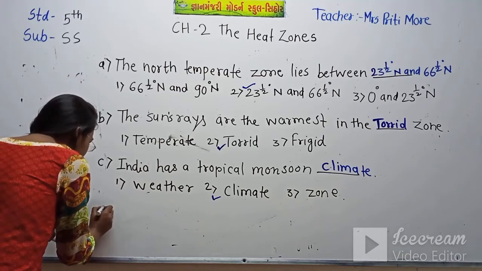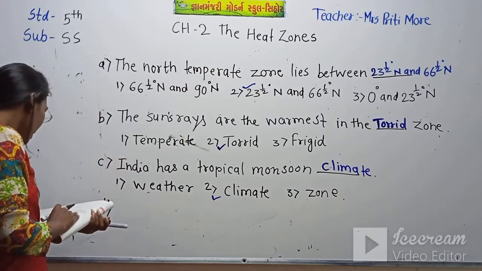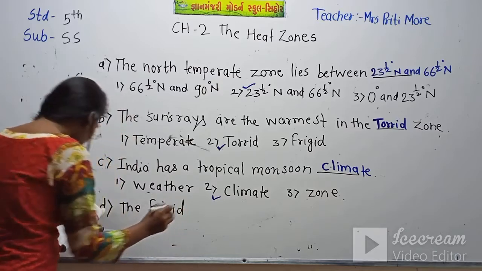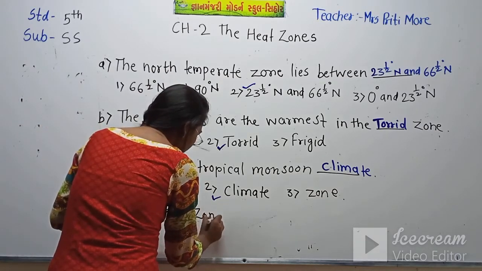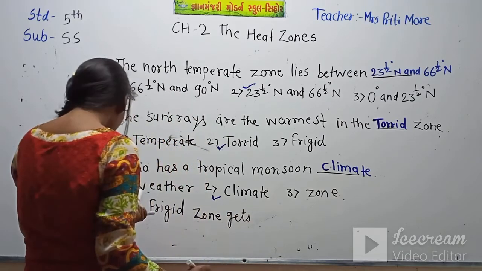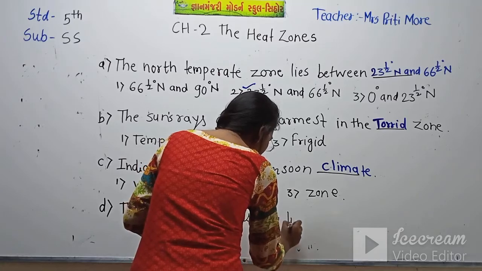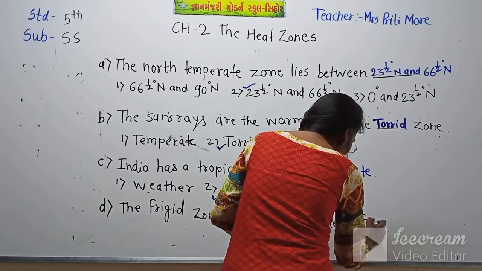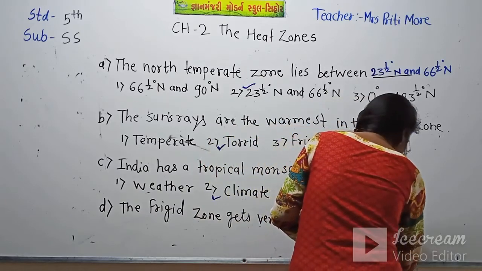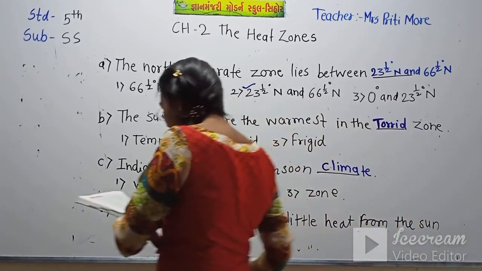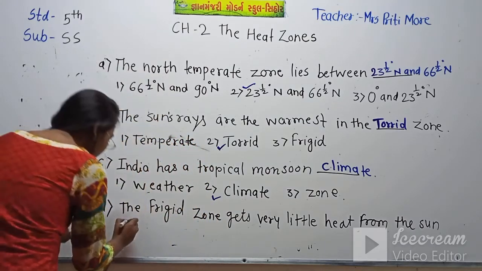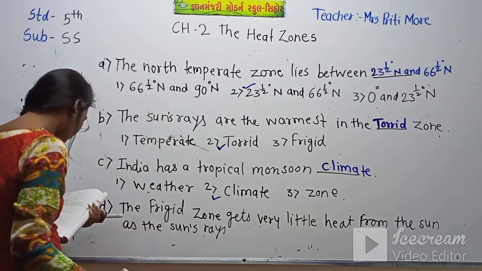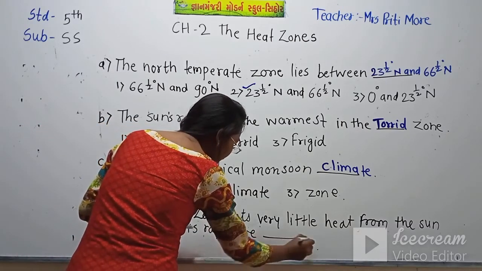Now the D. The frigid zone gets very little heat from the sun, as the sun rays are blank space.